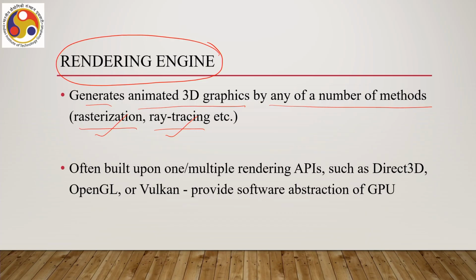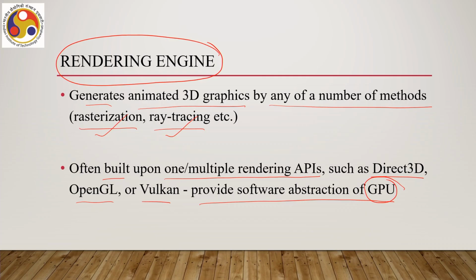Now, typically such rendering engine support is built upon one or multiple rendering APIs such as Direct3D, OpenGL or Vulkan, which provide software abstractions of GPU. GPU is the hardware component that is used for speeding up rendering process.